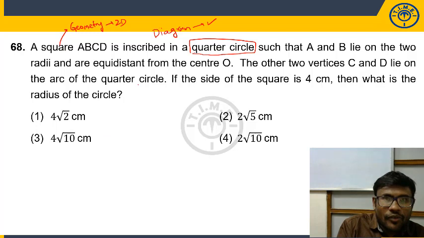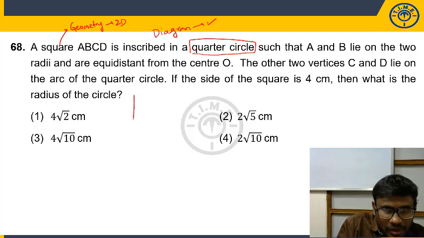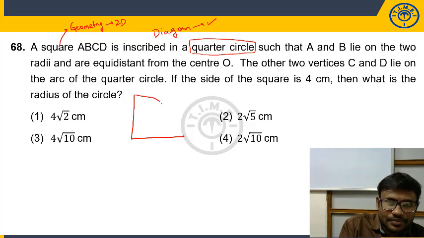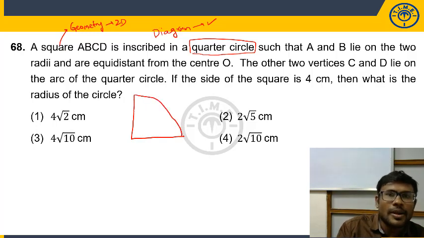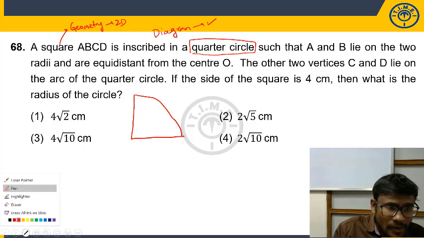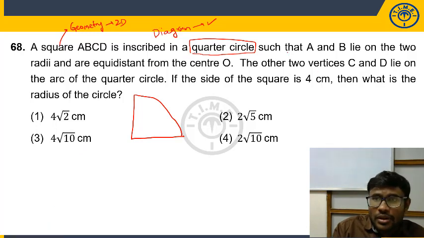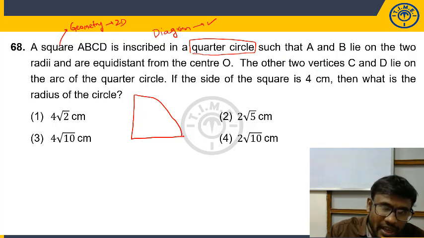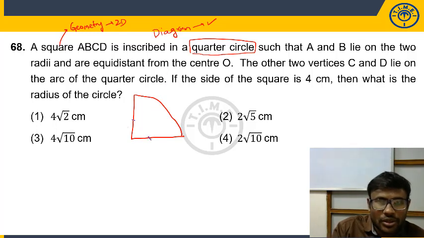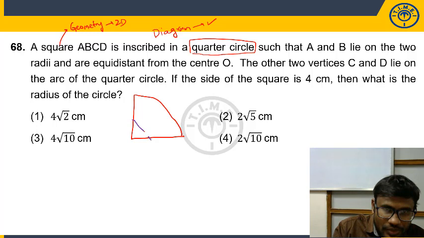Now we have a quarter circle. So let us draw this quarter circle. So this is your quarter circle. And we have a square inscribed such that A and B lie on 2 radii. So this is 1 radius and this is 1 radius. So A and B lie on those.